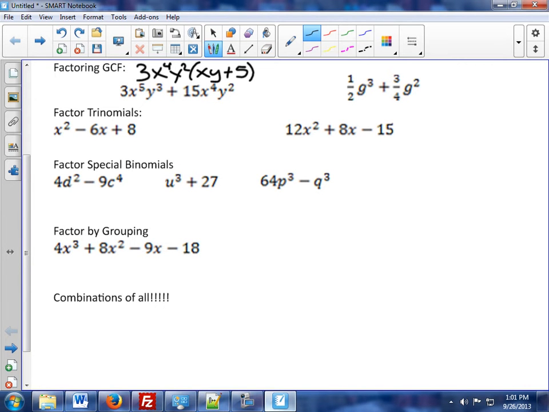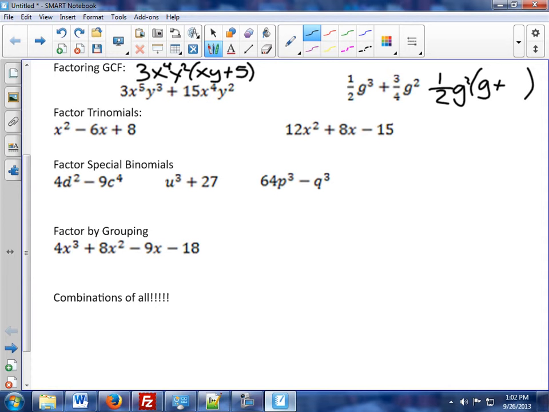Okay. The next one over here would be like the last page question. You know, I'm going to take a half out. And I'm going to take 2 g's out. So I'm left with g plus what? 4? 3 halves? Remember, it's dividing.